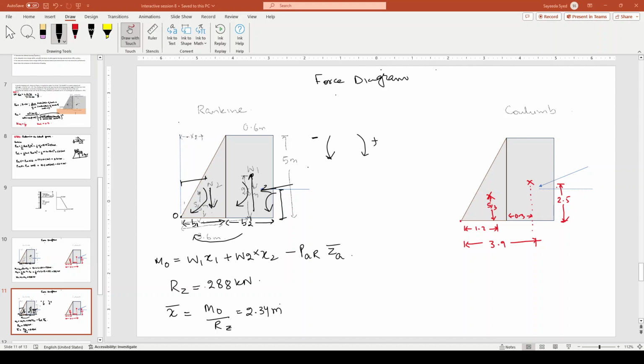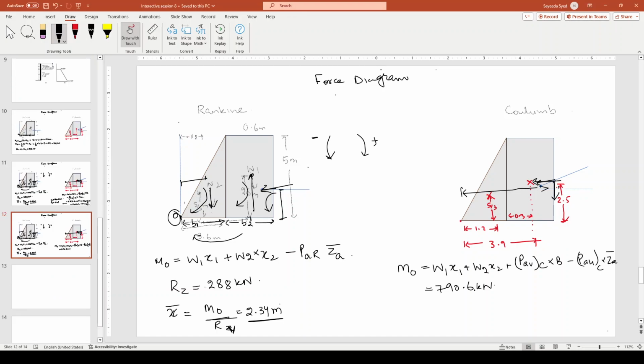So this comes out to be 790.6 kilonewton meter, and R V equals W plus PAV.